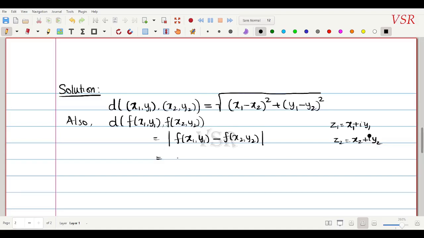So the modulus of this complex number is the modulus of x1 plus iy1 minus x2 plus iy2. So what is this? This is equal to the modulus of (x1 minus x2) plus i times (y1 minus y2).